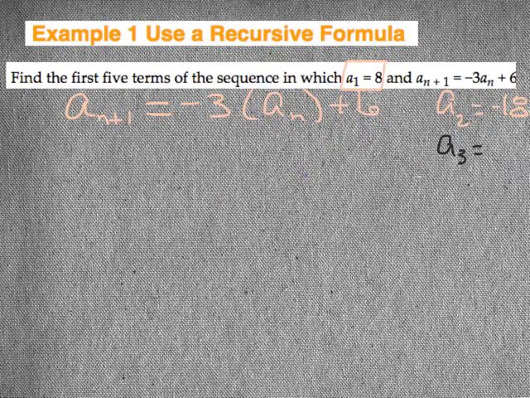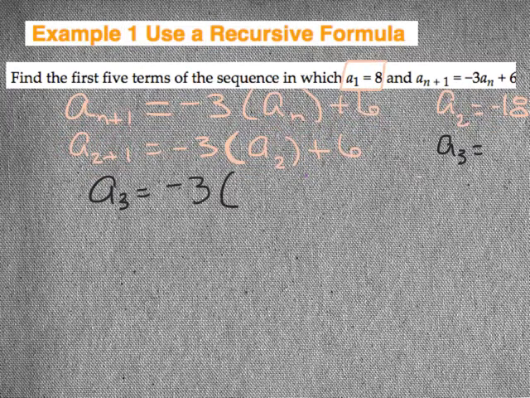So I have to go back and use a sub 2, because now that's my previous term that I just found. So -3 a sub 2 plus 6. So a sub 2 plus 1 is going to give me a sub 3. And then -3 times a sub 2, which is -18, plus 6. And when I do that math, that's going to end up being 60.